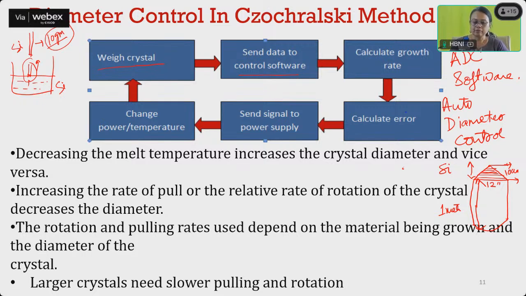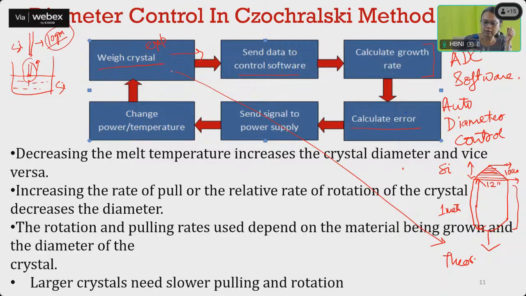So from that we calculate the growth rate and calculate the error. Theoretically, it is calculated at every given point what should be the weight of my crystal. And then when the crystal is actually growing, we are getting the weight of the crystal. So this is the experimental value, and from here we have the theoretical value.